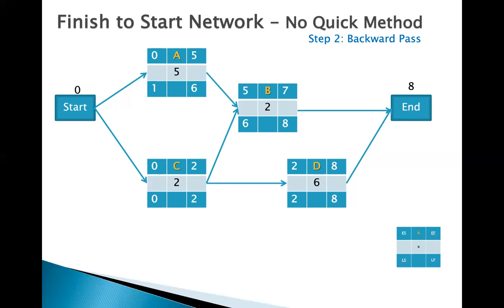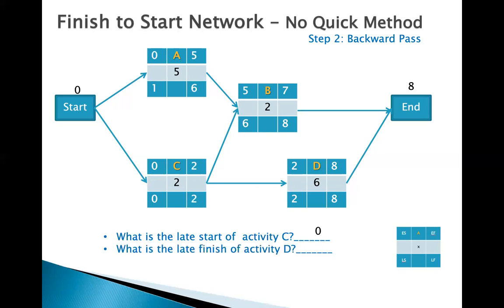Now, if in the exam you see this type of question, you will be able to answer as soon as you complete the backward pass. So what is the late start? These are the questions for the exam. What is the late start of activity C, as in Charlie? The late start is 0. What is the late finish of activity D?